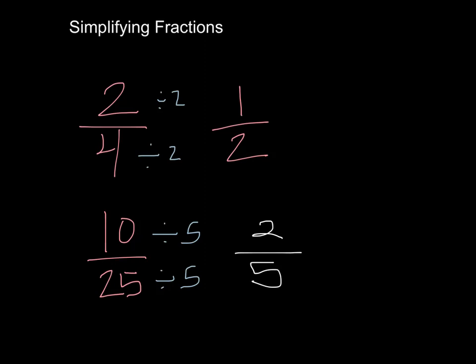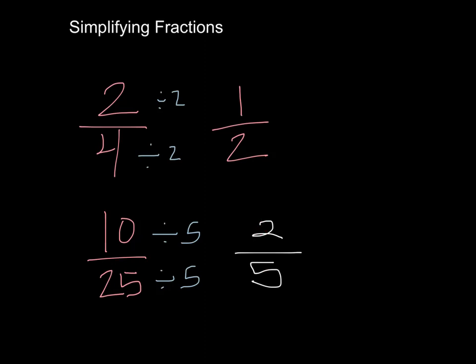So my reduced or simplified fraction is 2/5. And the way that I know that it's the most simplified is because 2 and 5 do not have any common factors or numbers that go into each of them evenly.